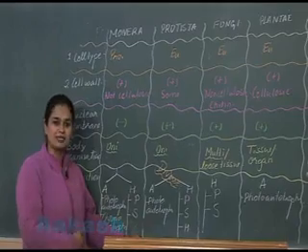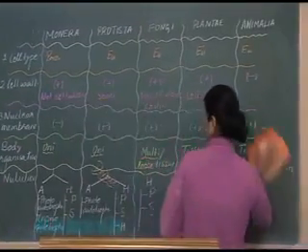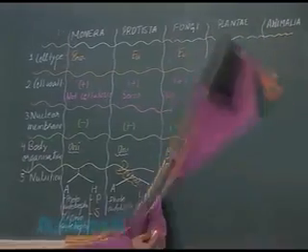the shortcomings of the system. Now from this classification system, what are the positive points? That was very much clear. There was distinguishment between autotrophs, heterotrophs, unicellular, multicellular.